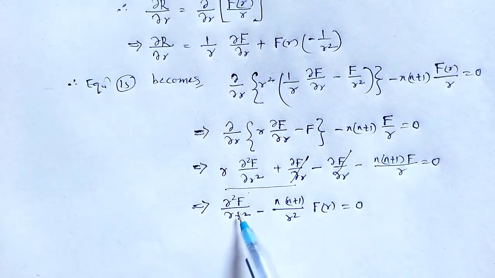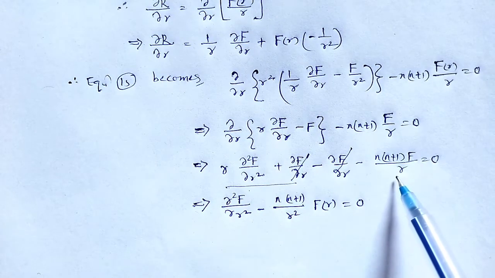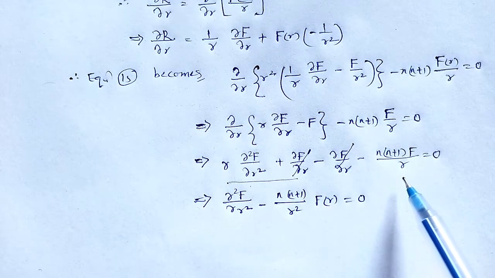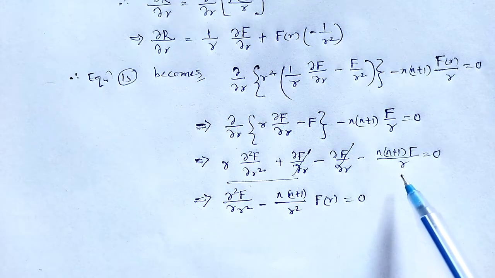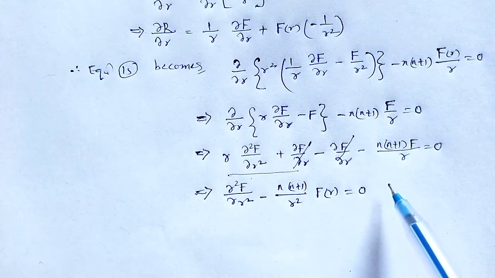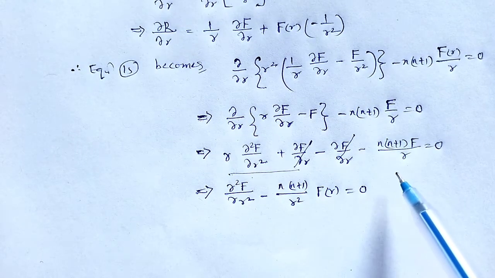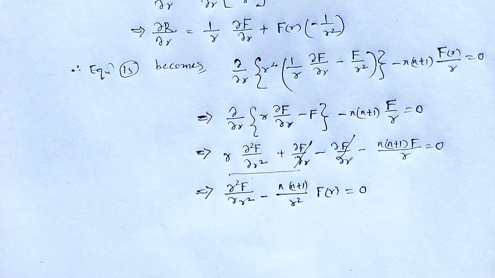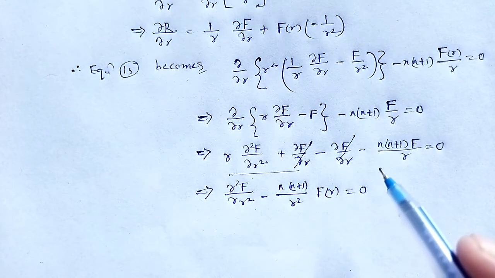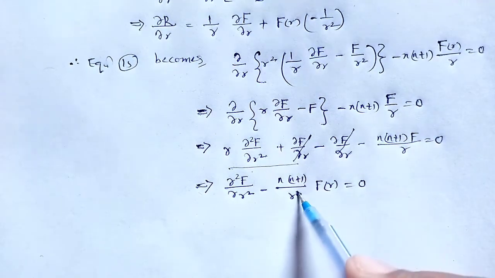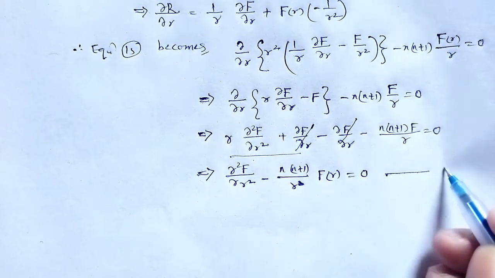This term cancels out. That is equation number 17.